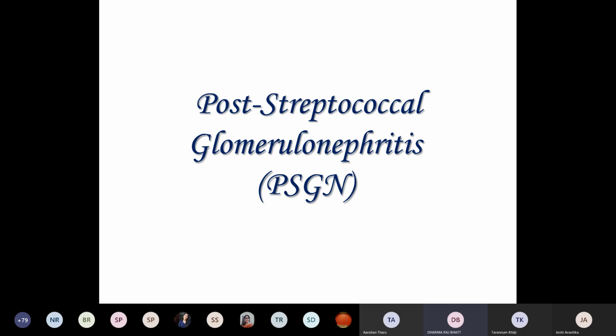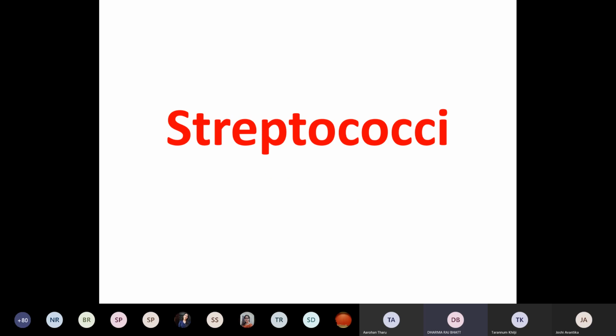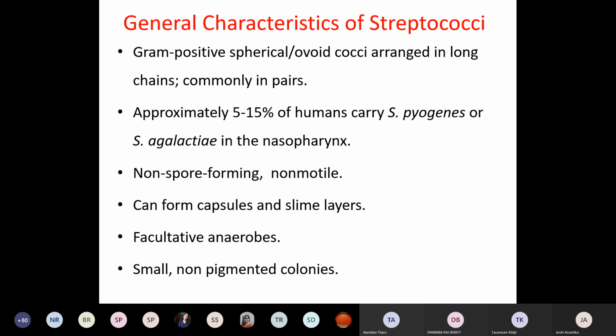Before we proceed to post-streptococcal glomerulonephritis, we need some background knowledge of the streptococci, which is necessary to understand it. So before we begin PSGN, I'll briefly introduce the streptococci.